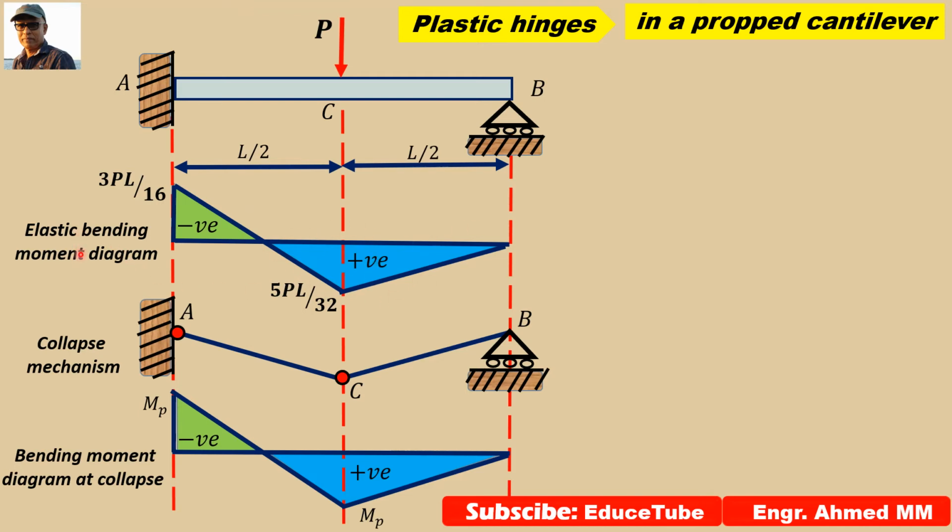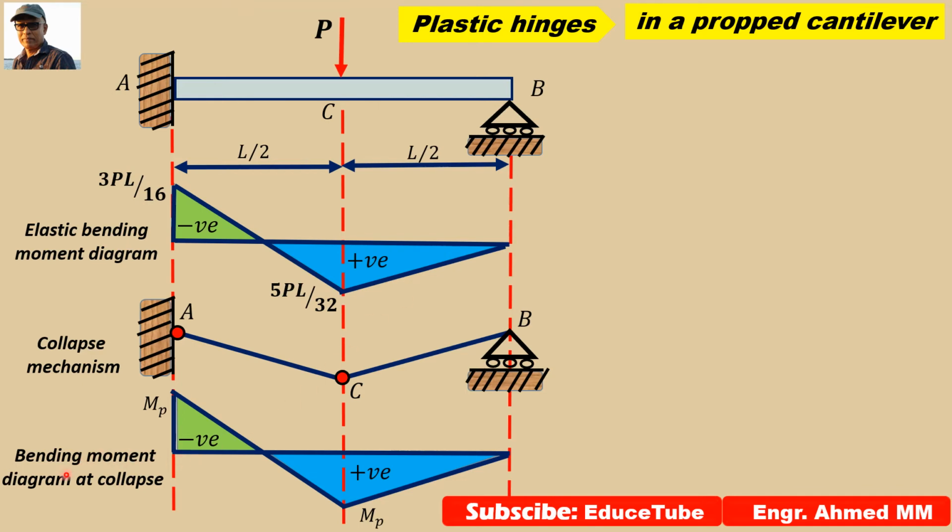It is the elastic bending moment diagram, and I have put the values 3PL by 16 and 5PL by 32, which we got in the previous slide. Now, this P is the load that creates the elastic bending moment diagram.